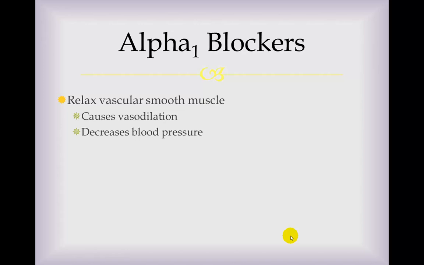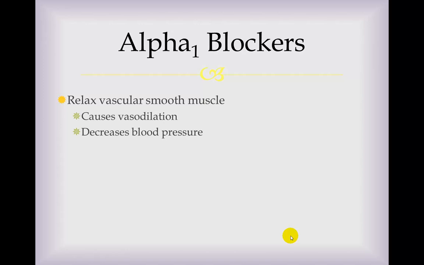That's how it decreases nasal congestion, by constricting those vessels in the nose. And so we get decrease in edema of the nasal passages. And so we don't have congestion. Well, we're going to see the opposite happen when we use an alpha blocker.